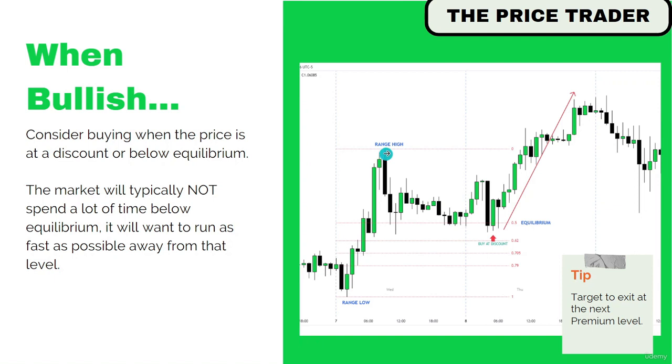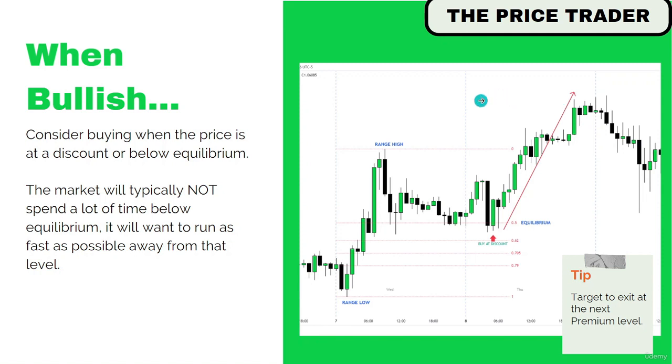So if you have divided a range like this and you're bullish, when the market now revisits this area, anything below equilibrium, I like 62%, because it mostly hits that. On occasion it might not get down to 79 unless you have a really key level that it is seeking. So you want to be entering anywhere in between 50 and 62.